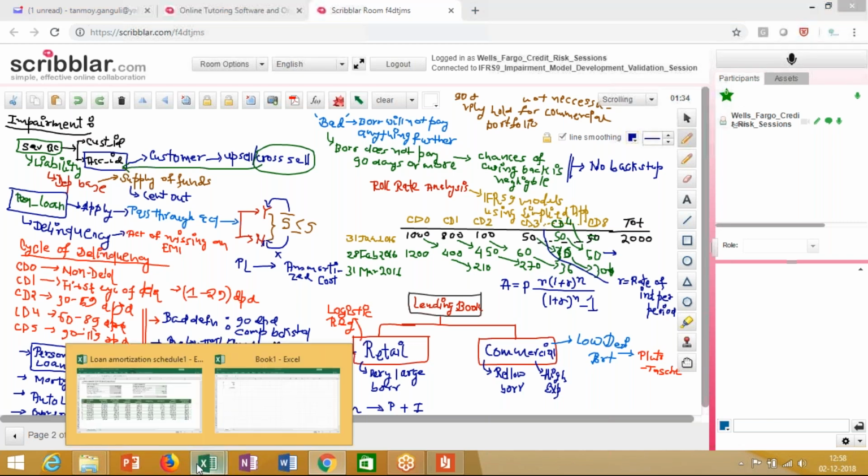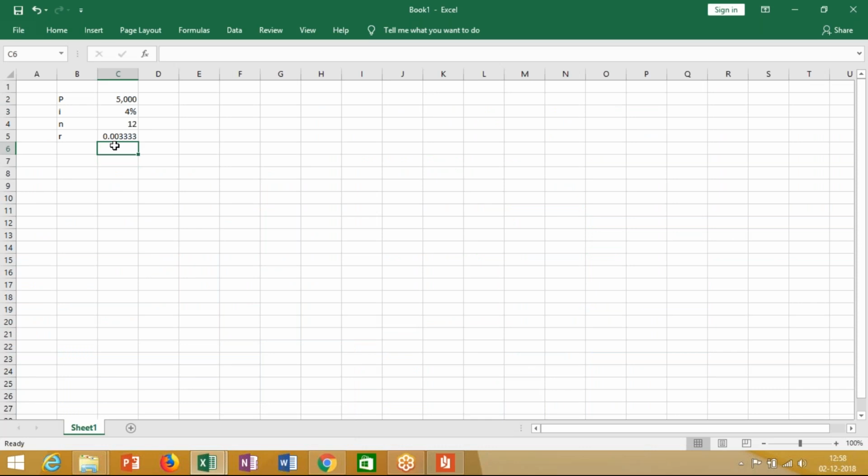So let's go back. This is this value into 1 plus r to the power of n. So this is r into 1 plus r to the power of n.